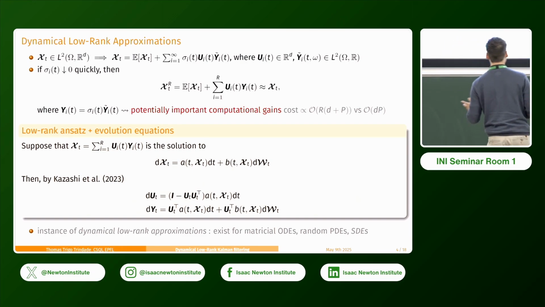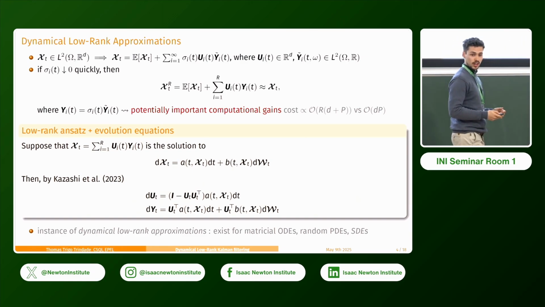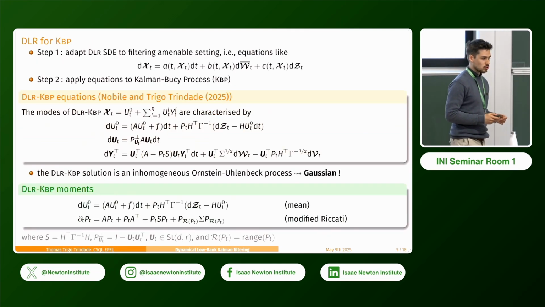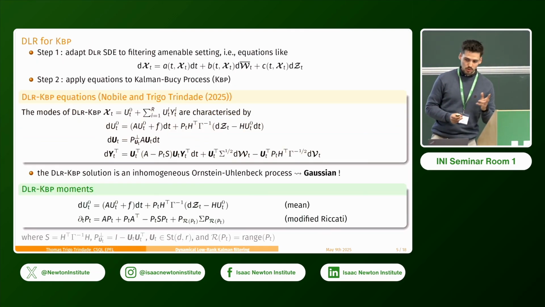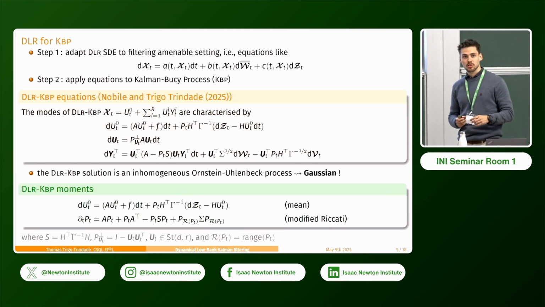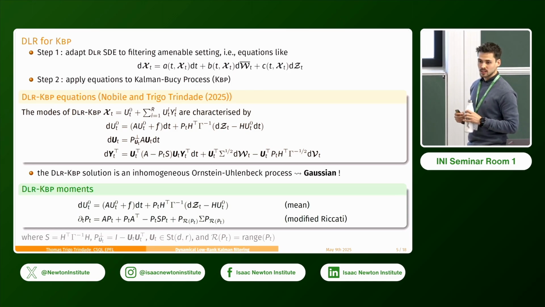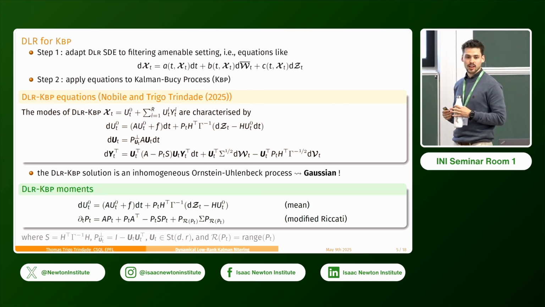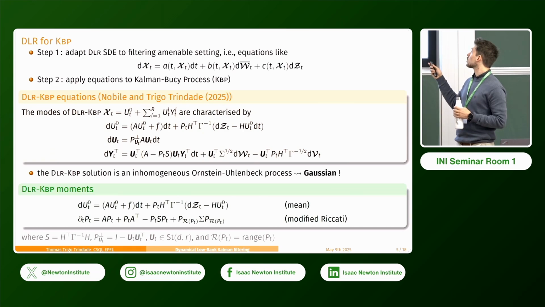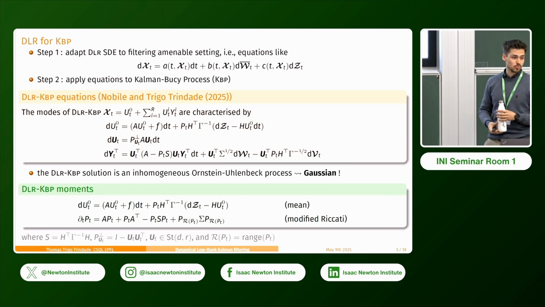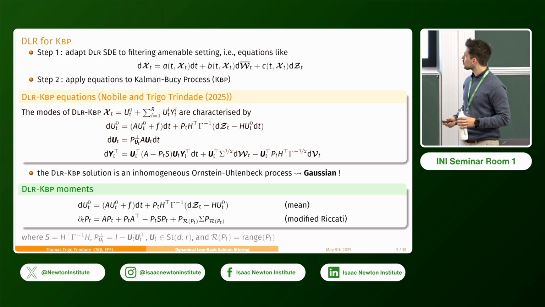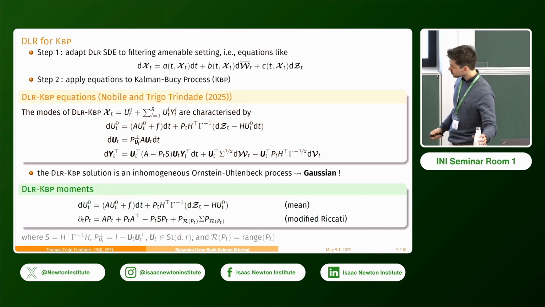We wanted to take this idea and extend it to the case of Kalman filtering, and we're going to be doing exactly this. There was a first step, which consisted in extending this whole idea of deriving these equations to the case of also having some observation stream that appears in it. I'm not going to go into those details because it's a bit technical and not very interesting for our purposes.